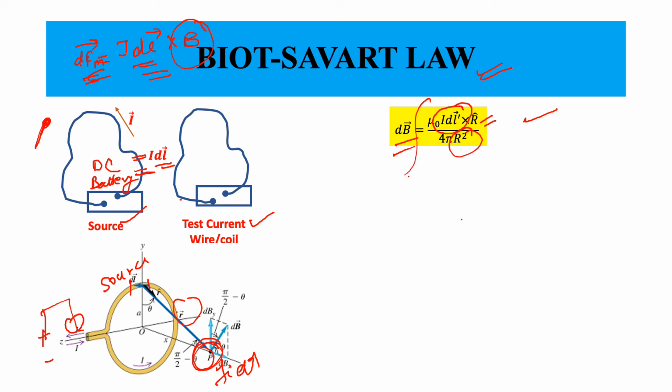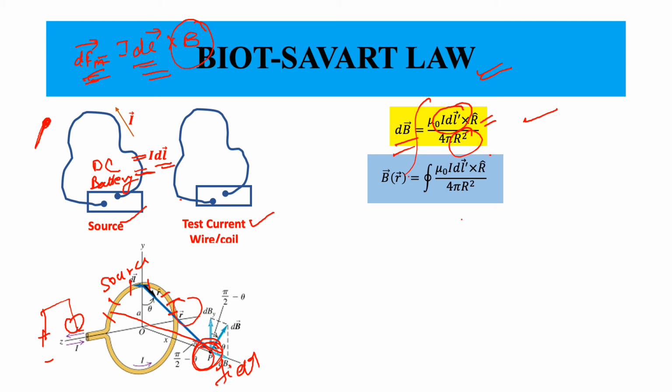If this is dl prime and you take one piece and calculate the field because of that, and you take one more piece and calculate the field because of that, and similarly all the pieces on the loop, I will complete the circuit by going from one point to another, and at all points I would have calculated the contribution. After calculating the contributions, I would sum them up, but in the limit of small dl, the summation would be replaced by an integral.